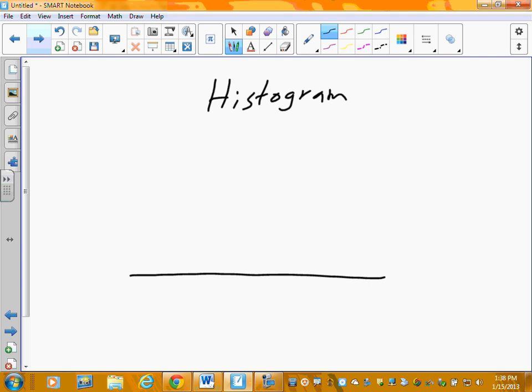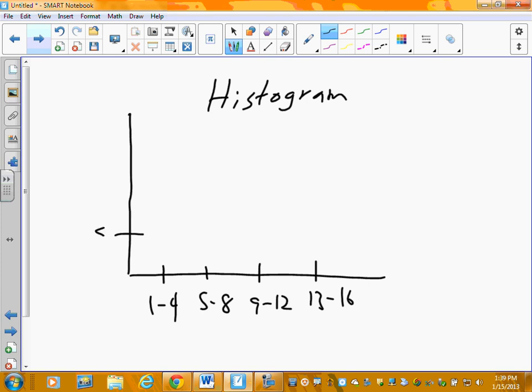A good way to pick the points that would give me 4 ranges would be 1 to 4 win seasons, 5 through 8 win seasons, 9 to 12 win seasons, 13 to 16 win seasons. Then I come up here and go 5, 10, 15, 20, and I do a frequency of them that way.